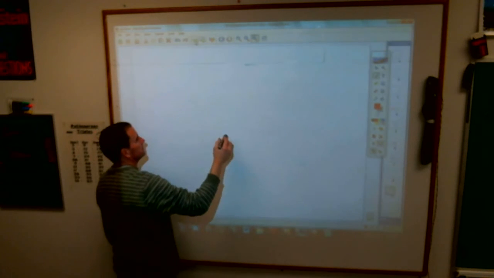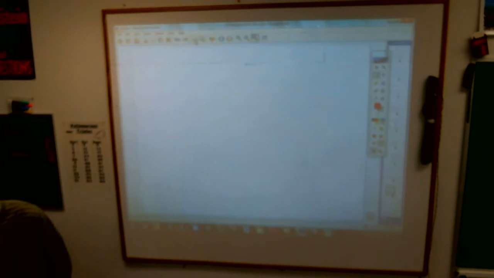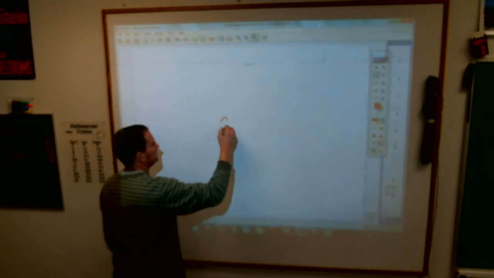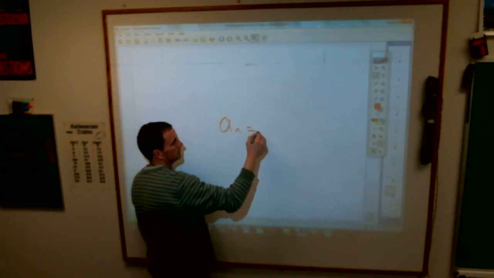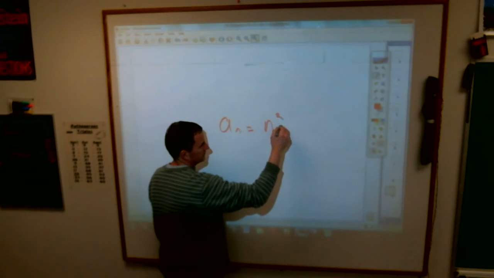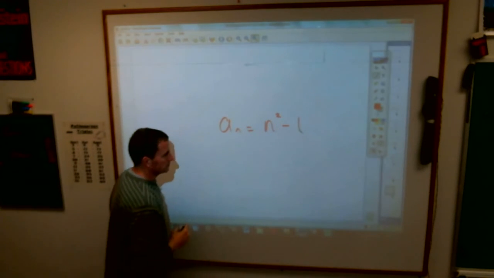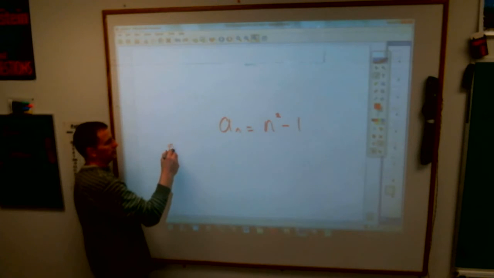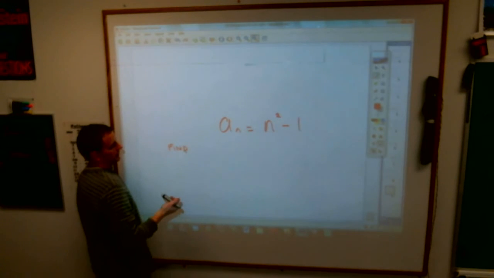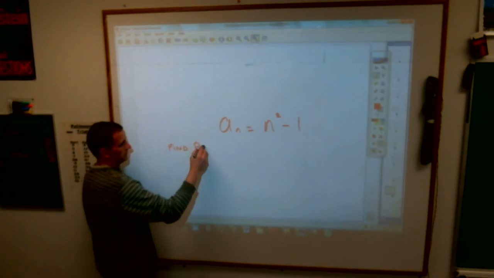How about this one? Another one made out of a book. A sub n equals n squared minus 1. And you're asked to find, let's say, the 8th term.